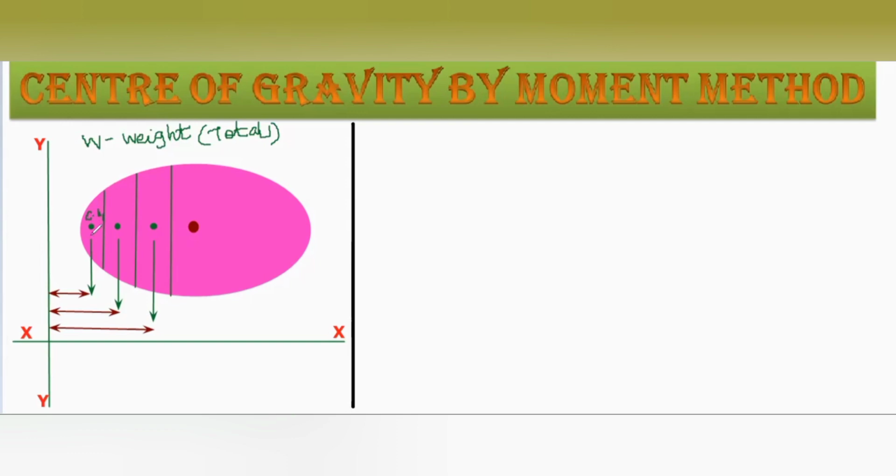So for this small strip, the first strip, we consider the weight W1, the weight of the first strip or this small area, which will act at a distance x1 from the reference axis.